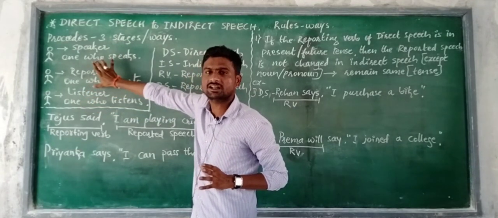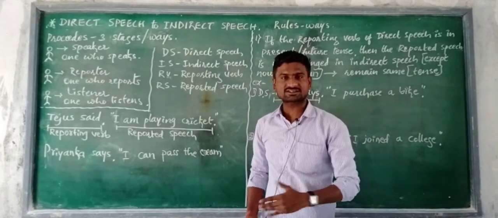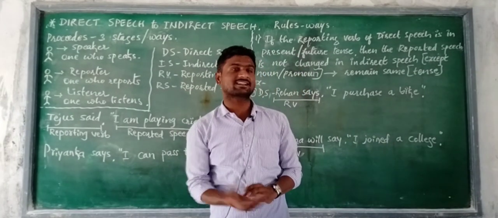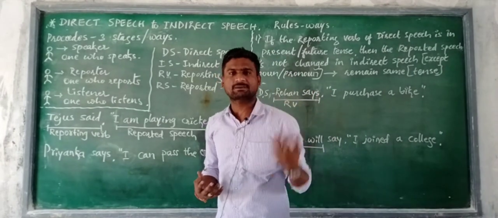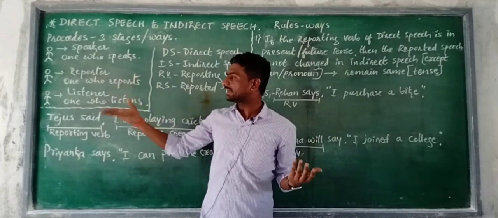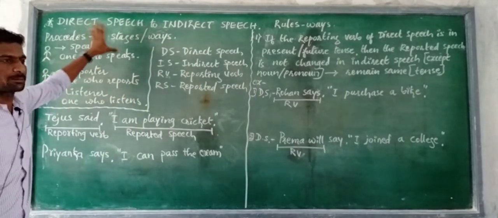And the listener is in the third stage. The duty of the listener is to listen, and even he has a chance to explain to others by the report of the reporter. See, this is the procedure.